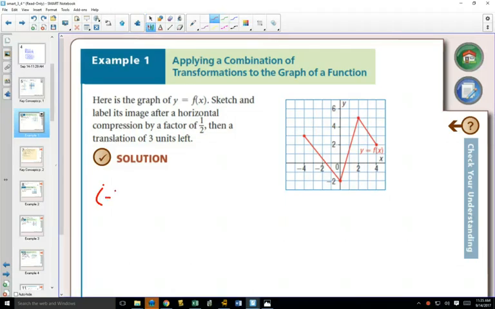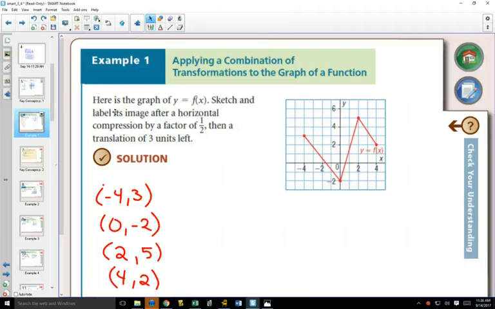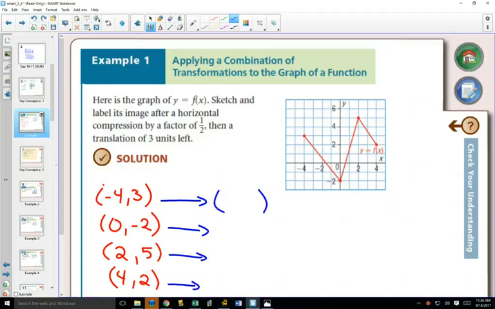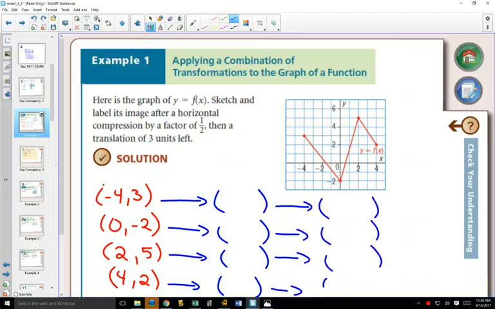So we've got -4, 3, -2, 0, -2, 2, 5, 4, 2, and in this one, there's a horizontal compression by a factor of 1/2.